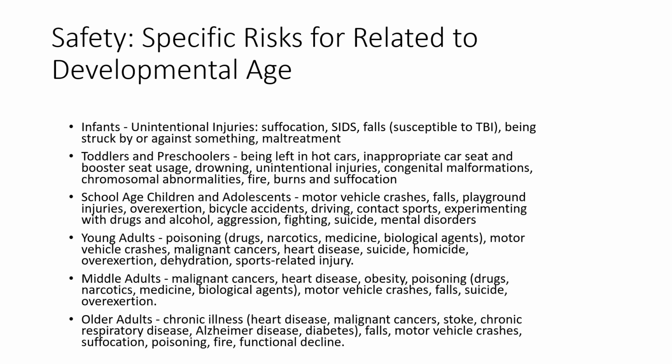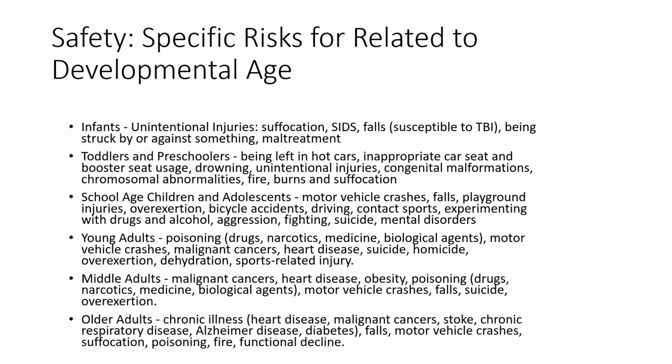Drowning, pools are a big thing, especially for kids that cannot swim. Unintentional injuries, falls, scrapes, burns, or like my child sticking a crayon in his ear and breaking it off, unintentional things. Congenital malformations. So that's when we see a lot of the heart deficits that aren't caught in the infant years.